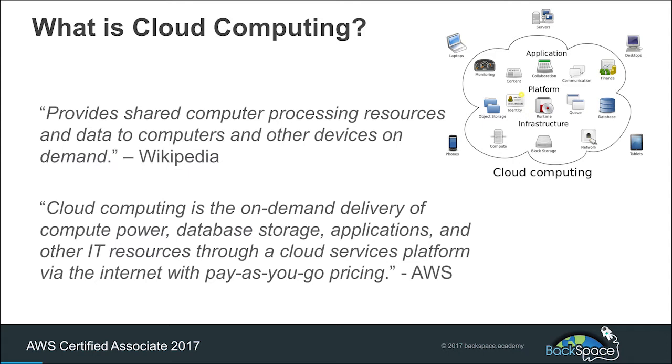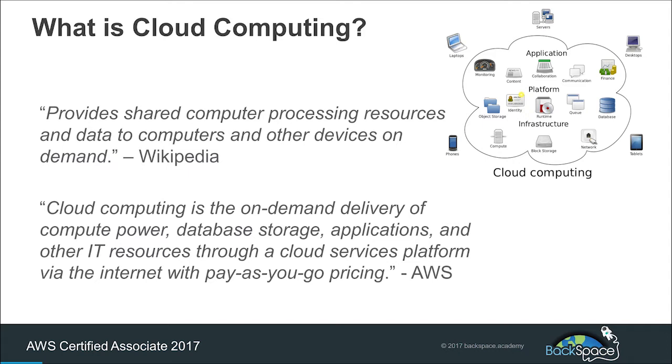So I think one of the best definitions for cloud computing comes from Wikipedia. And that simply says that cloud computing provides shared computing processing resources and data to computers and other devices on demand.